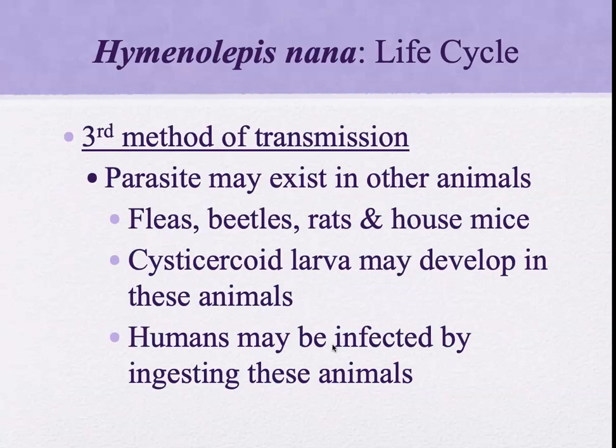The third method of transmission is when the cysticercoid larva is the infective stage. So this is when we have an intermediate host. The parasite may exist in other animals, for example, fleas, beetles, rats, and house mice. These animals can ingest contaminated infective eggs, and then the cysticercoid larva can develop inside these animals.